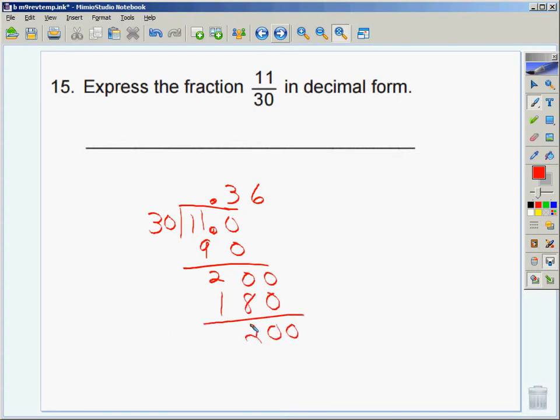And there we can see what's going to happen again. It's now going to repeat. So this is 0.36 with a bar over the top of it, because it would be a repeating decimal.